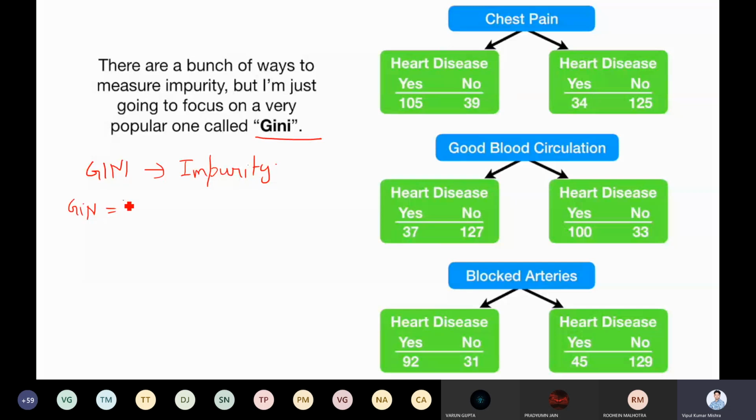Gini score equals 1 minus the summation of i equal to 1 to C of the probability squared. In our case we have only two classes, but if you have multiple classes, C means the number of classes, and here you will compute the probability.